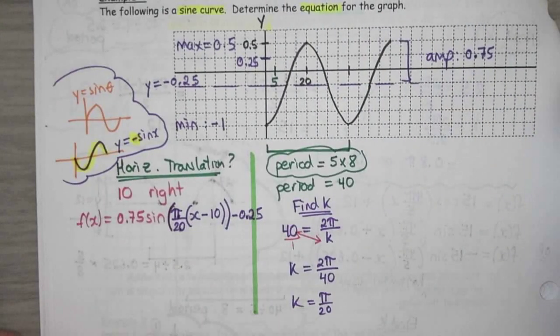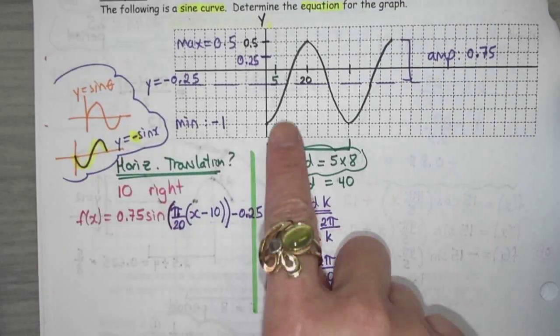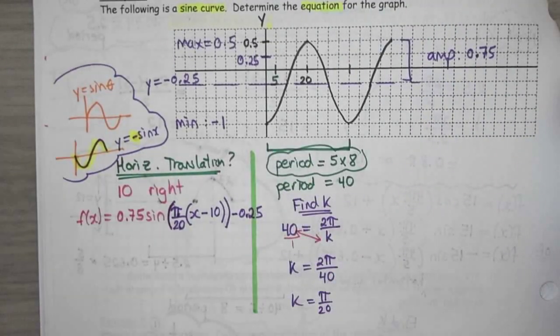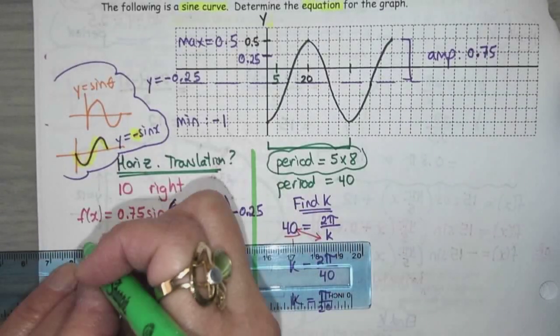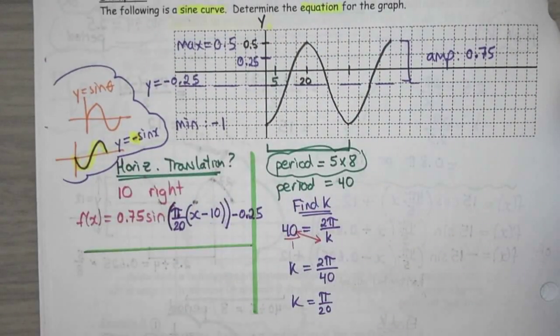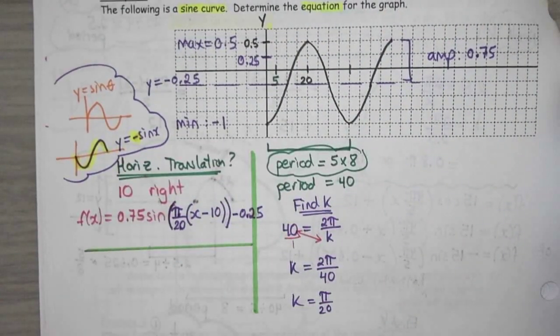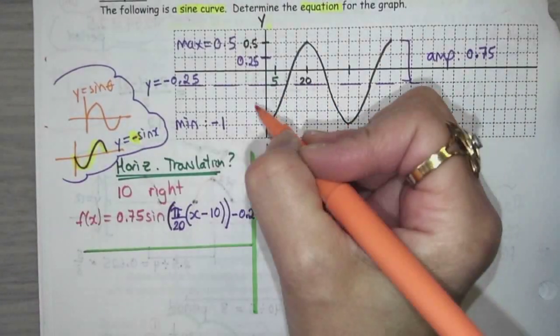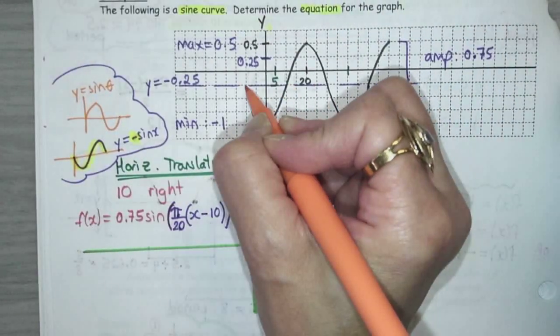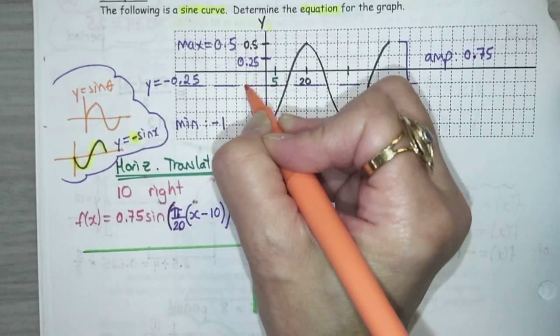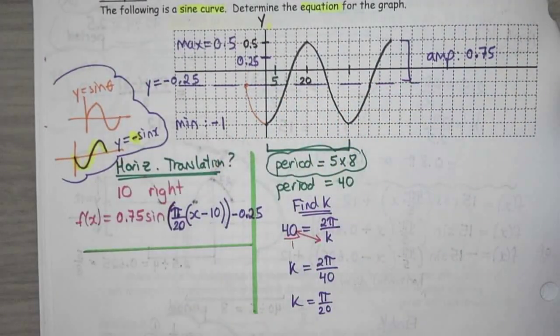You have other choices. So that is my first one where I went 10 to the right. What if I wanted to do a different one? An easier one would be to force it backwards. Right, continue it backwards. It's periodic, it continues forever.